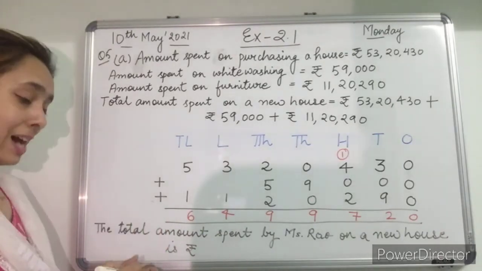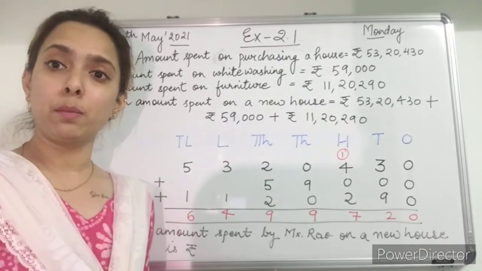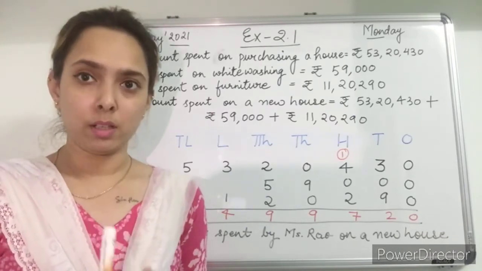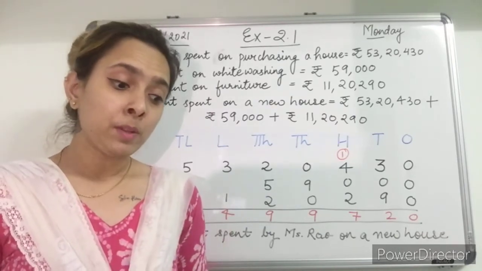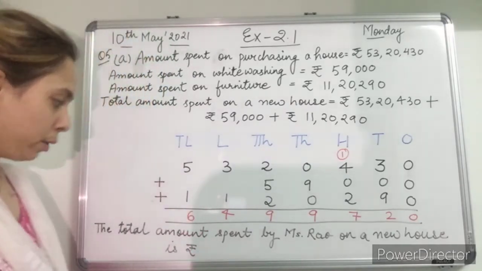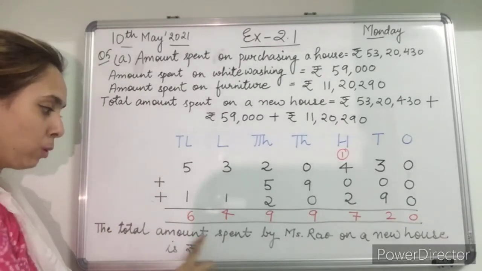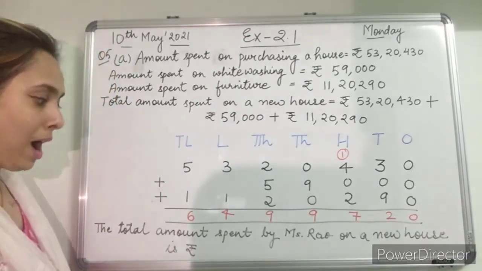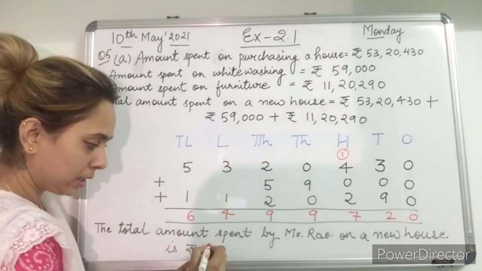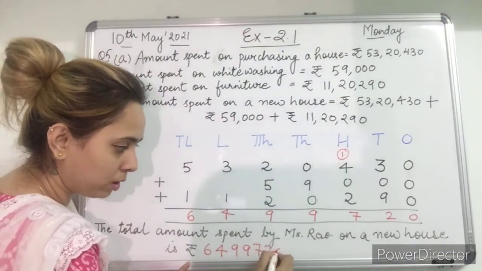The last statement is compulsory. We will make the last statement from the question itself. The question is, find the total amount spent by Miss Rao on a new house. So I have taken the words from the question itself: the total amount spent by Miss Rao on a new house is rupees 64,99,720.